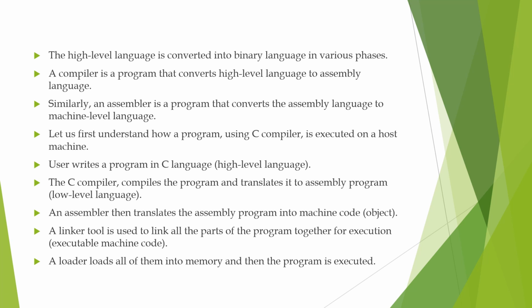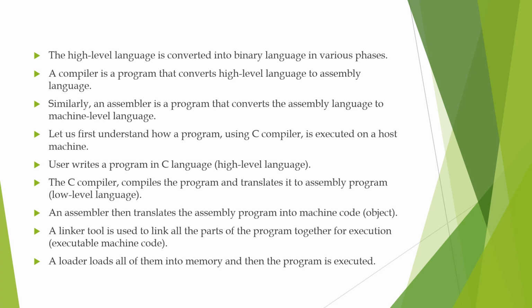So let us first understand how a program using C compiler is executed on a host machine. First, user writes a program in C language, that is high level language. Then the C compiler, what will it do?